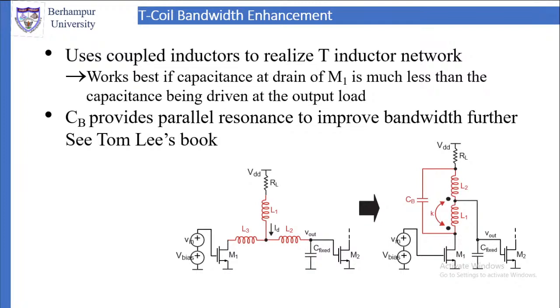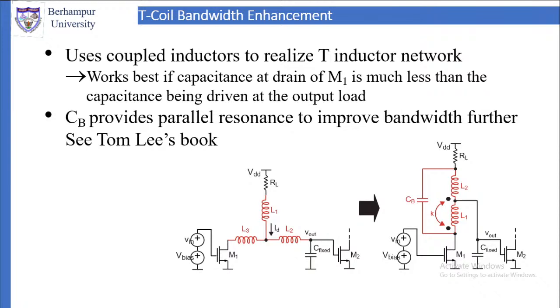Why will it improve the bandwidth further? Because once you have a resonator, it will resonate at a certain frequency. But when it resonates at a certain frequency, it will have its own bandwidth. So the whole circuit will work over that bandwidth as well as the bandwidth of the amplifier itself.